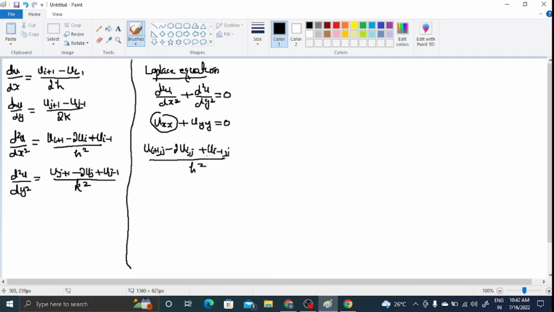Here we include j also, because in this function I is changing and j is constant. The differentiation is with respect to x. Similarly, in the second function x is not changing, the differentiation is with respect to y, so we write u I comma j plus 1 minus 2 u I comma j plus u I comma j minus 1 divided by k square equal to 0. This is the finite difference approximation of the Laplace equation.